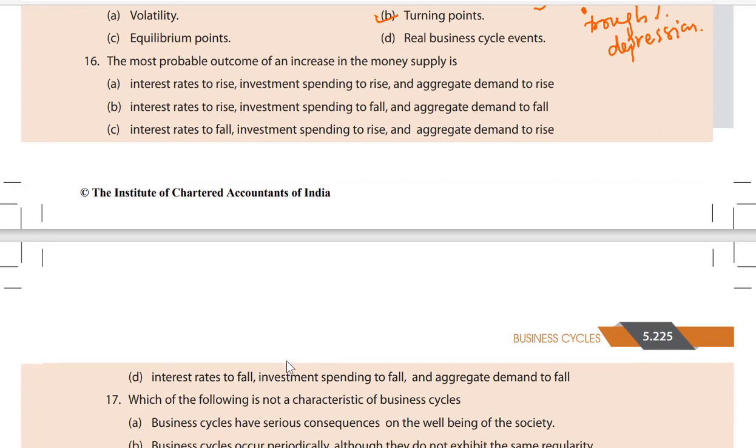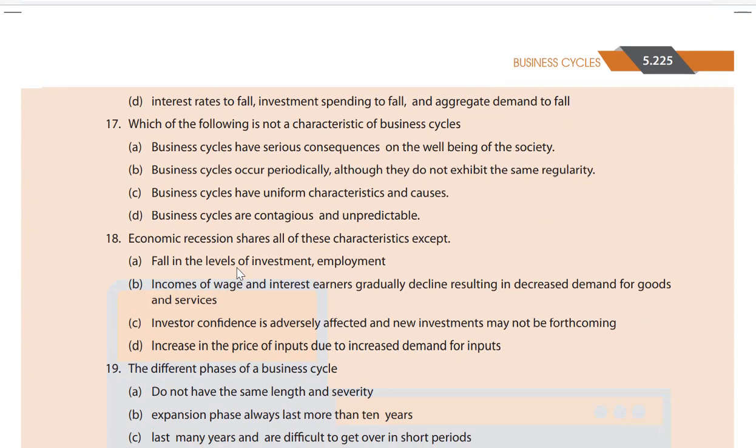D. Interest rate to fall, investment spending to fall, and aggregate demand to fall. The answer is C. Interest rate to fall, investment spending to rise because of increase in money supply, and aggregate demand to rise.